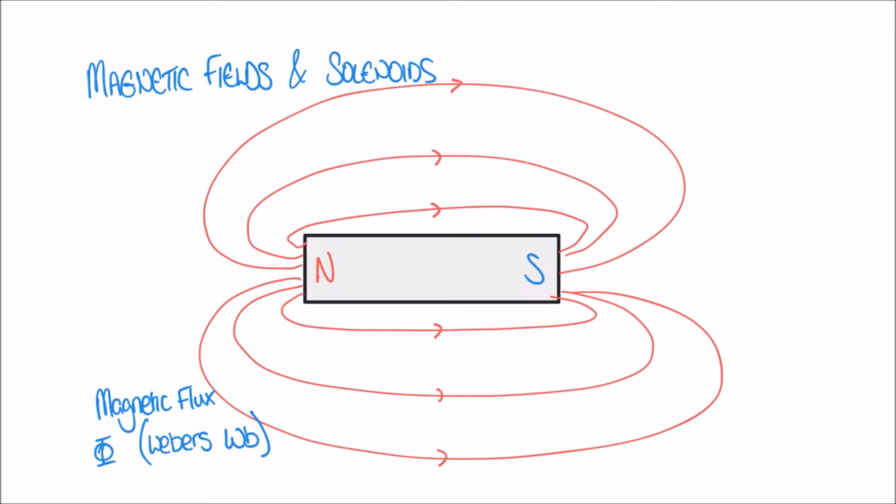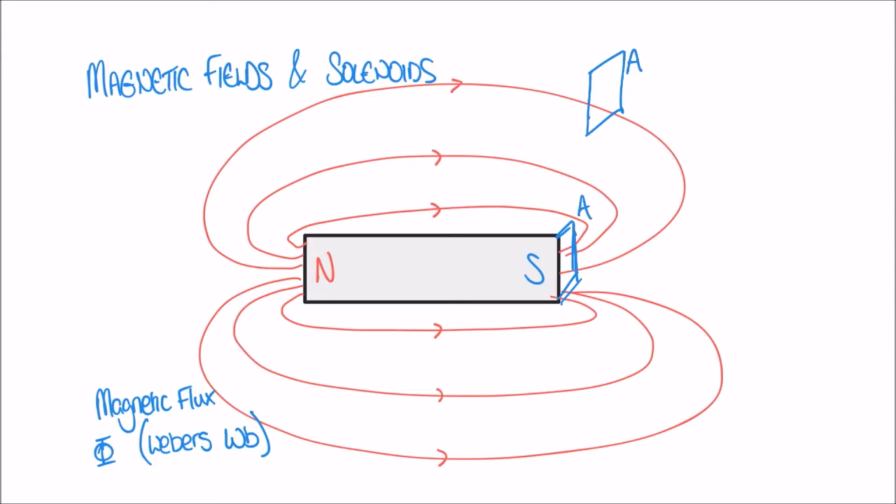If we imagine that we have an area, I'll try and draw a sort of 3D representation of an area, and I'll call it A. Well, this particular area that I've drawn has only one field line going through it. Whereas if I draw the same sort of area, even if I imagine it's the end of our bar magnet, I can try and represent the area of the end of the bar magnet there. And we can see that there are 6 lines of magnetic flux going through that area there.